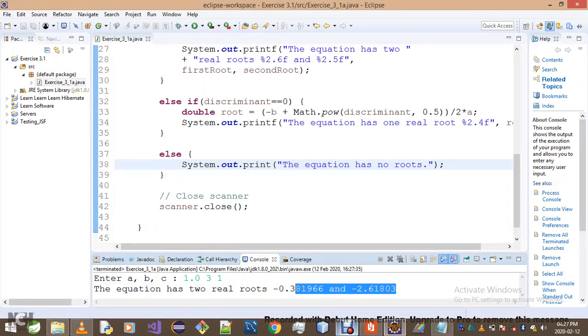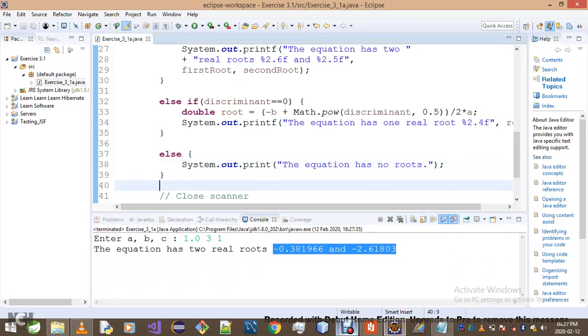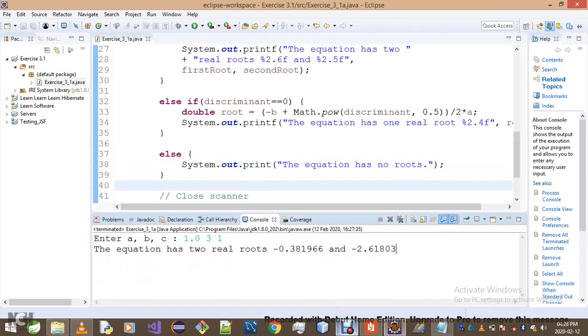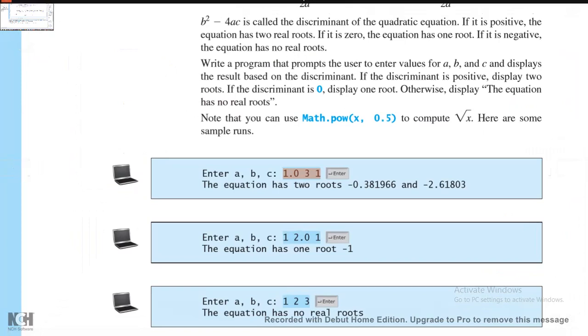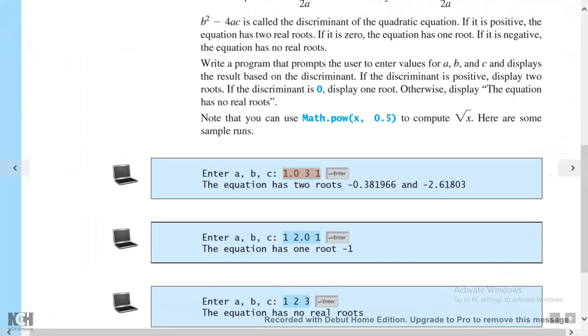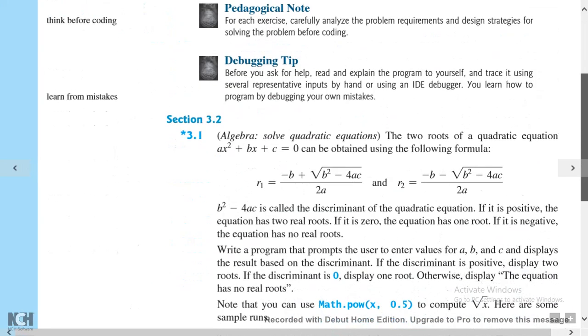So we have these 2 values. Now you've got to check if they correspond with what they give us. It seems like the two numbers do correspond. Let's try the second one. Oops, what was that?